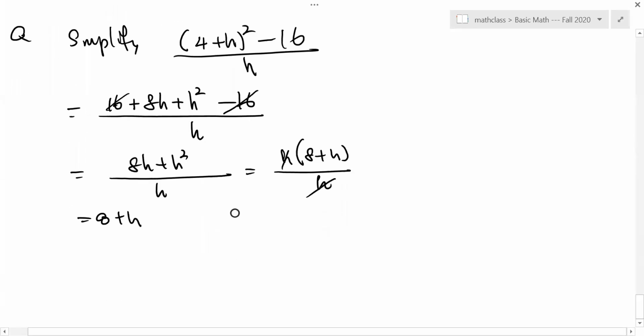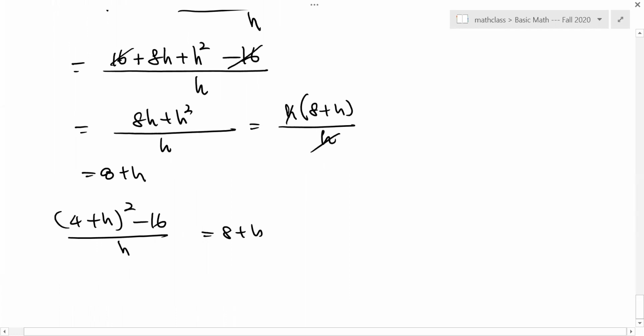Now let's understand this expression. This complete expression can be simplified to 8 plus h. And clearly, when h is getting smaller and smaller, this expression is getting close to 8. So this is the concept of a limit. We were trying to understand which value it approaches when h approaches 0.